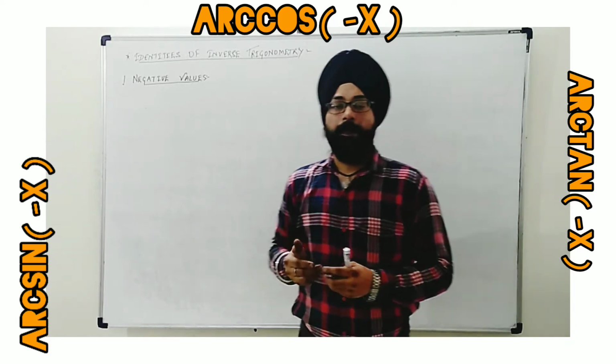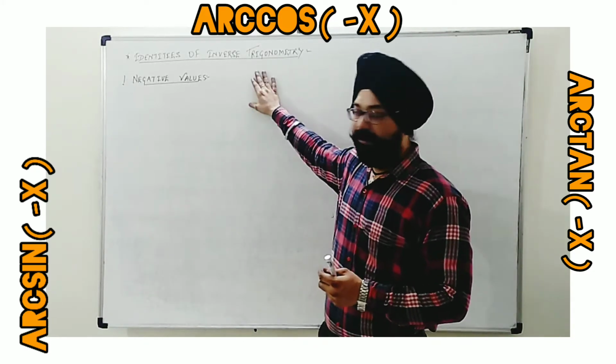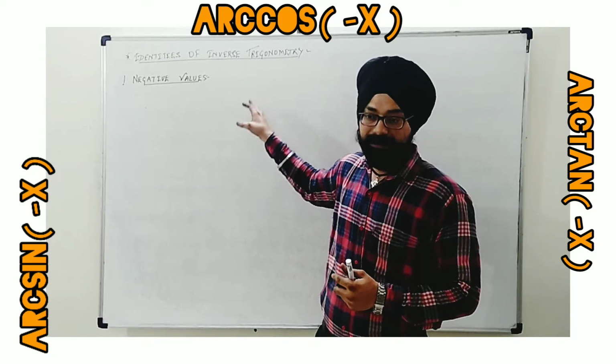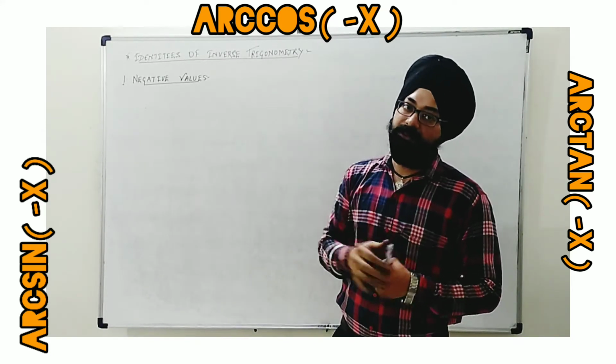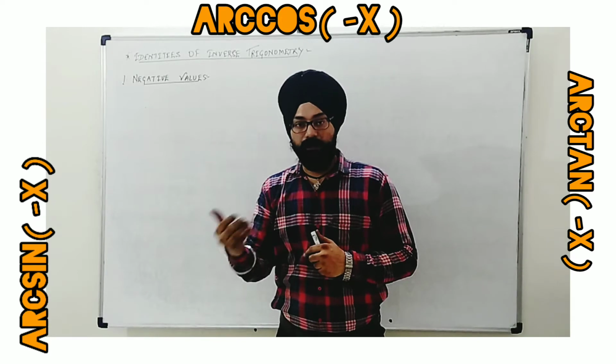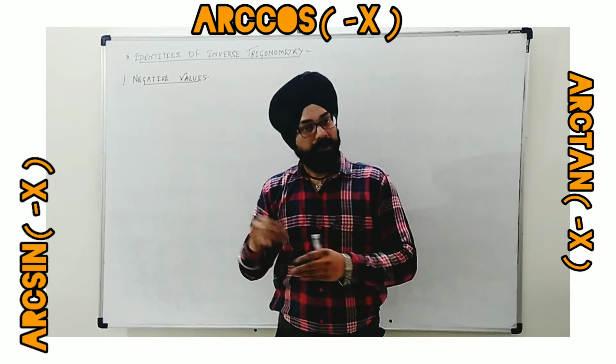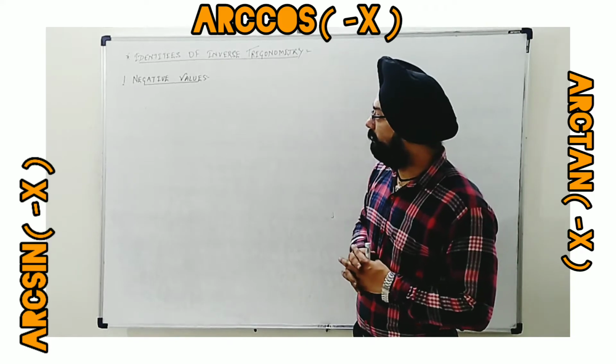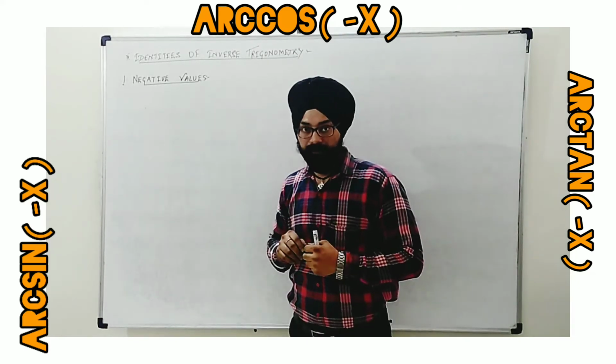Before these identities, the compulsory prerequisite knowledge is all the identities of trigonometry. Once you have gone through them thoroughly, only then go ahead with inverse trigonometric identities. Here the first topic is negative values.